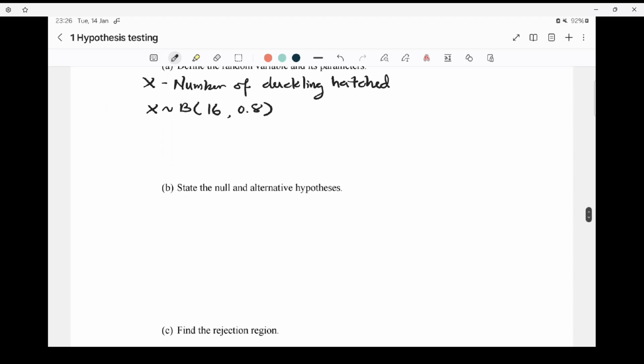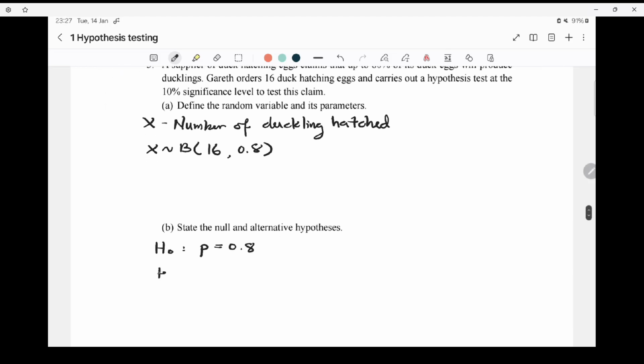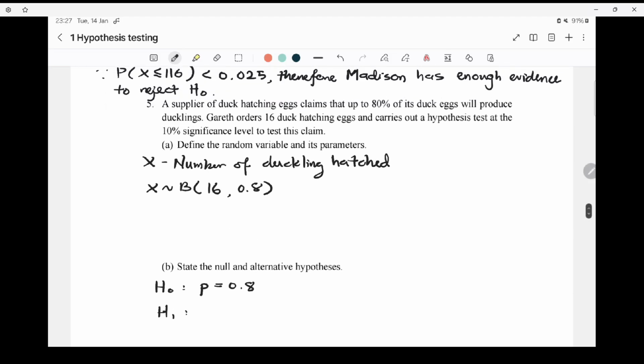State the null and alternative hypothesis. The null hypothesis will be this one. So here you need to determine whether or not this is a one-tailed test or two-tailed test.